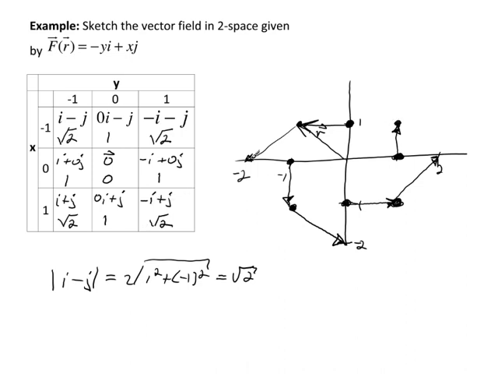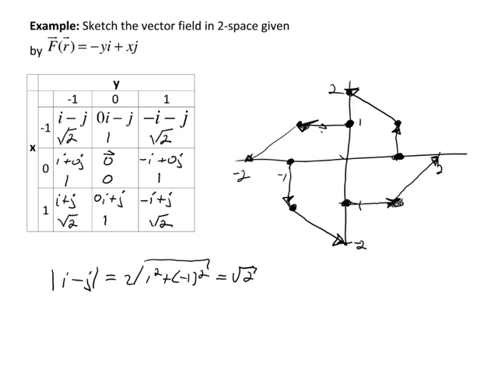I'm going to be a -1 in the x direction and a +1 in the y direction. So I'm going to come up here to 2. And that's what this vector field looks like. Or in general, there's a few members of this vector field. Now I'm going to go ahead and erase this one vector I put in there because it kind of clogged things up a little bit.